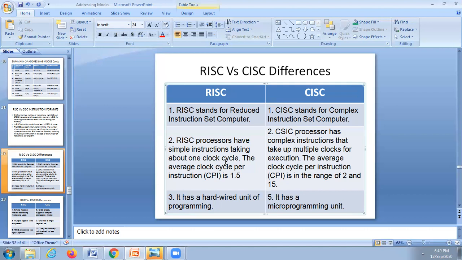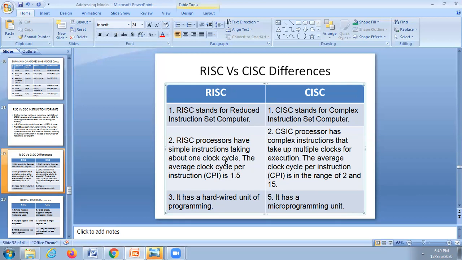Each instruction will require only 1 or 2 T states here. That means most of the instructions have 1 machine cycle. In the case of RISC processors, most of the instructions will have 1 machine cycle, or sometimes 2 machine cycles, not many. The RISC processors will have fewer machine cycles when compared to CISC processors.